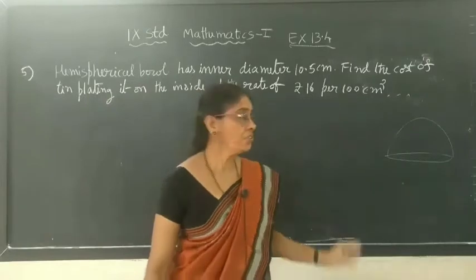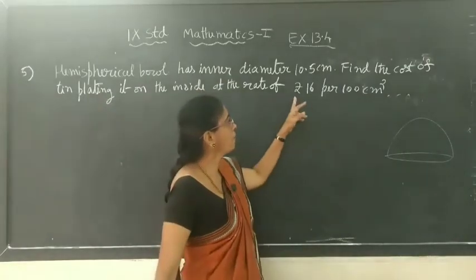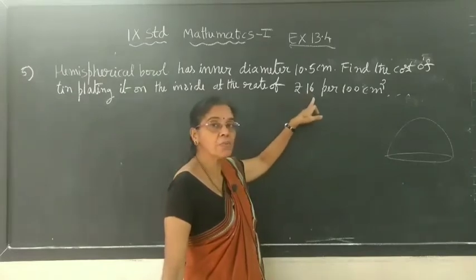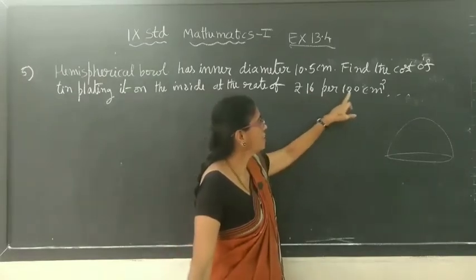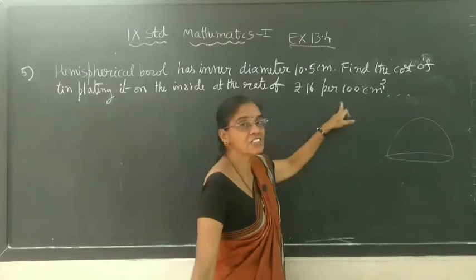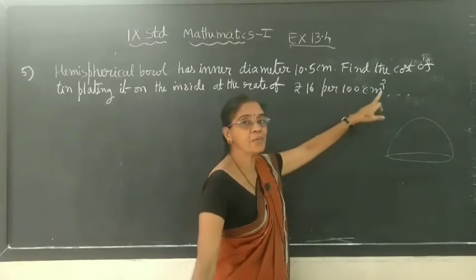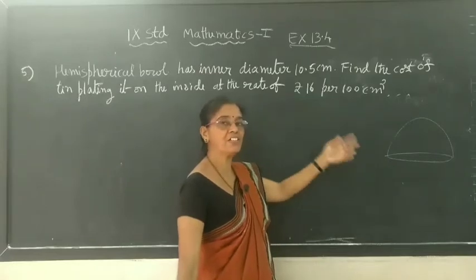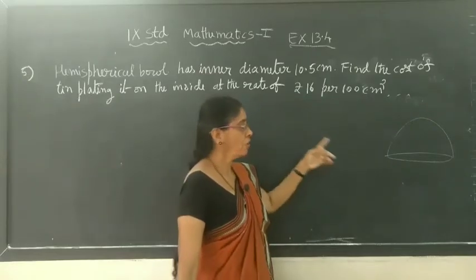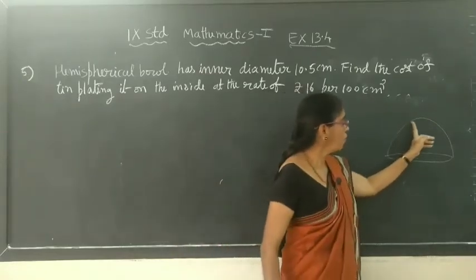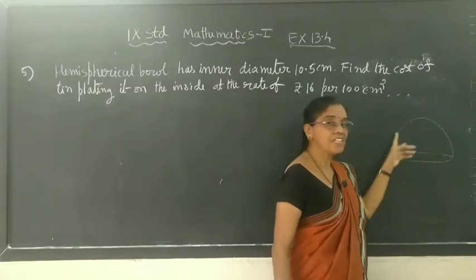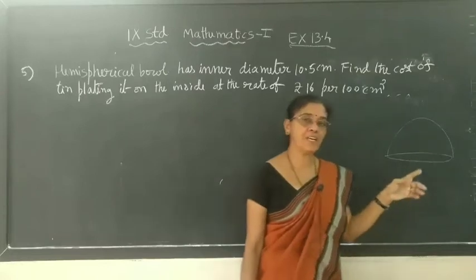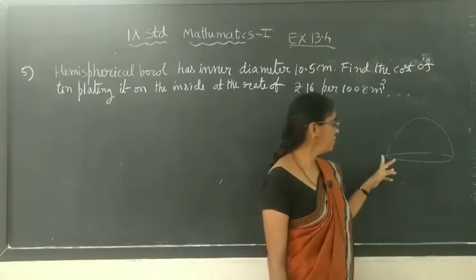Now you have to tin plate it, then you have to pay 16 rupees if the tin plating is for the area 100 centimeter square. Now we have to calculate how much you have to pay when you tin plate the entire inner surface.